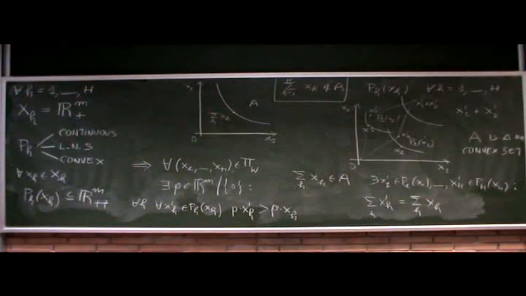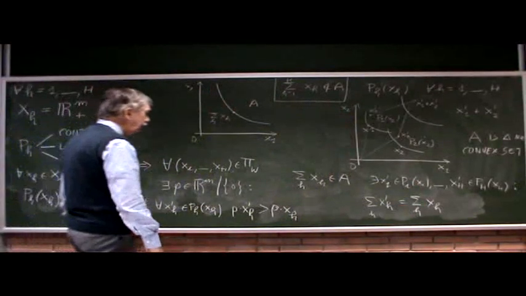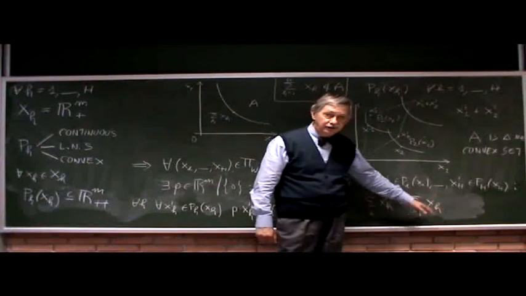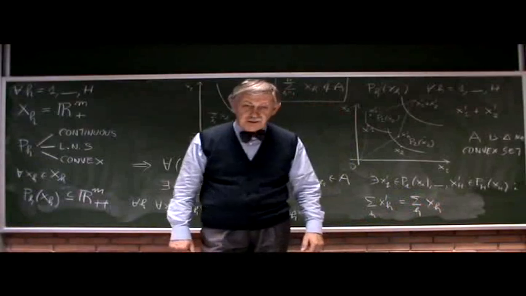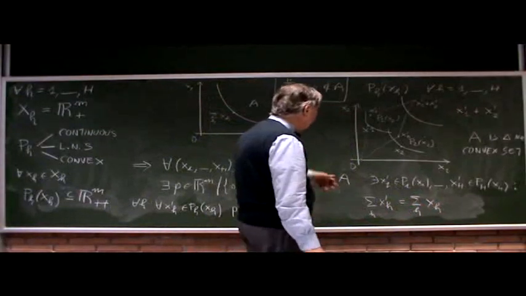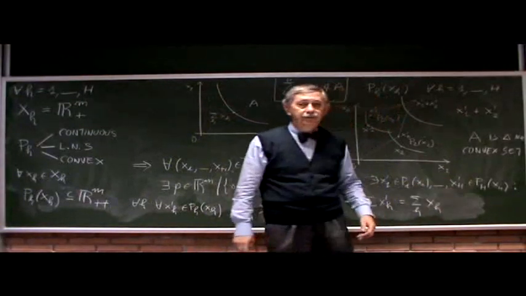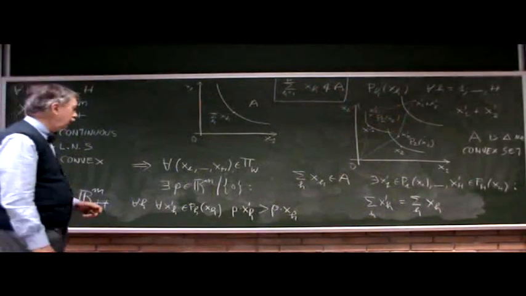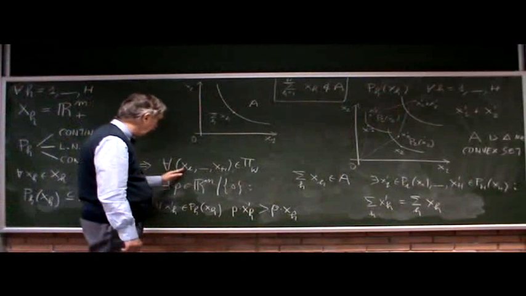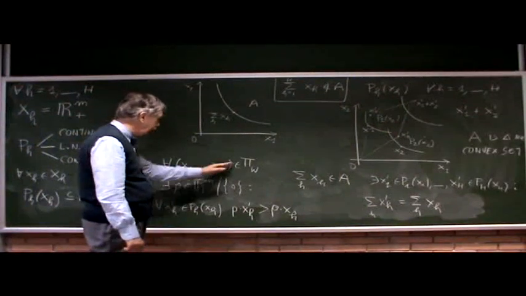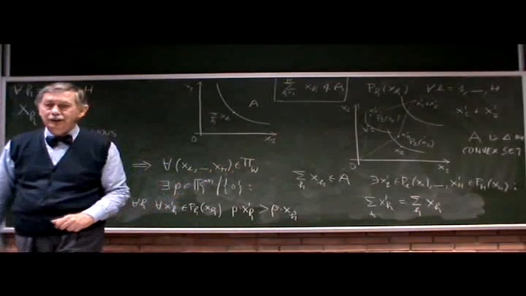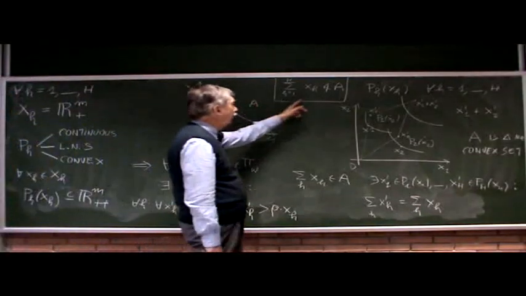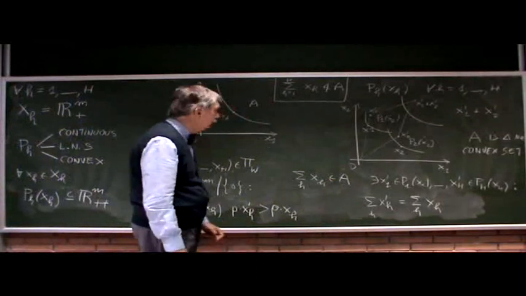But this is impossible, because this would mean that it is possible, by redistributing the total resources of the economy, to ameliorate the condition of every subject. In contrast with the assumption according to which this tuple was a weak Pareto optimum. So this point does not belong to the set A.